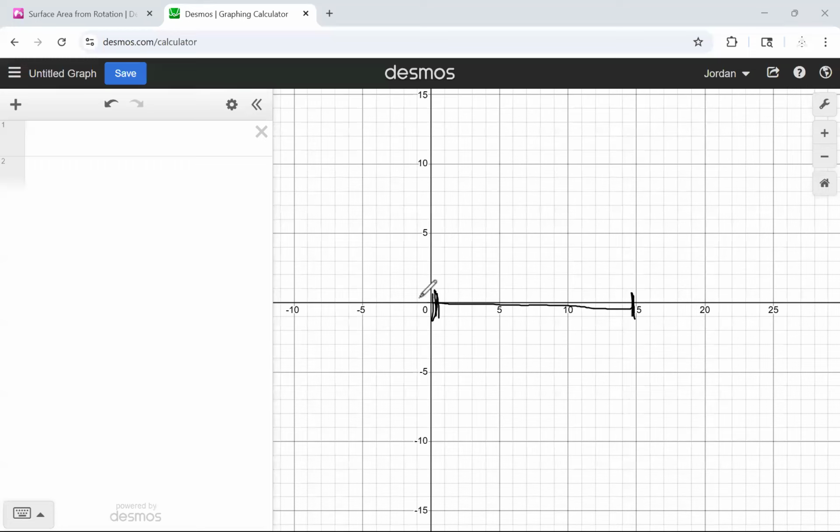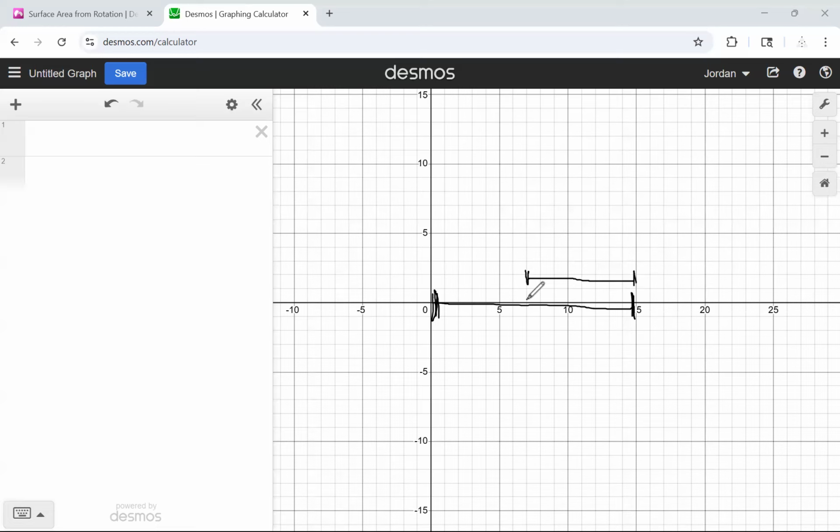So remember, the spring is 15 inches long. If we're going to have a spring that is compressed down to a length of 8 inches, that means the distance from here back needs to be 8 inches. So we're going to compress it from left to right until it's this length.